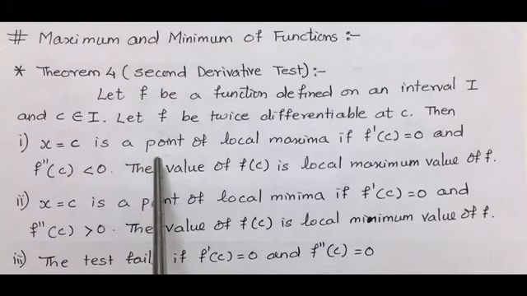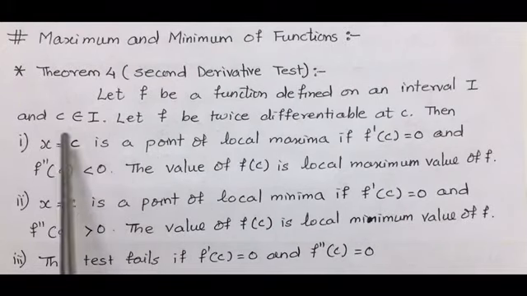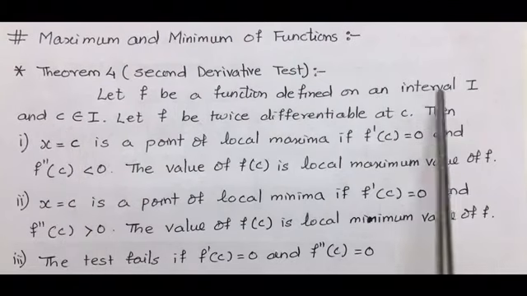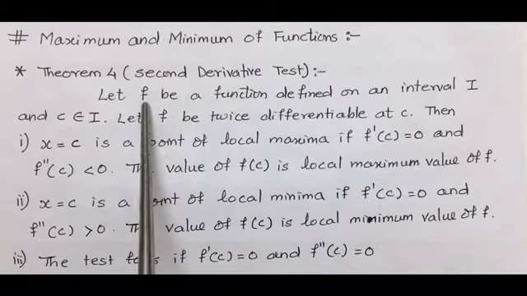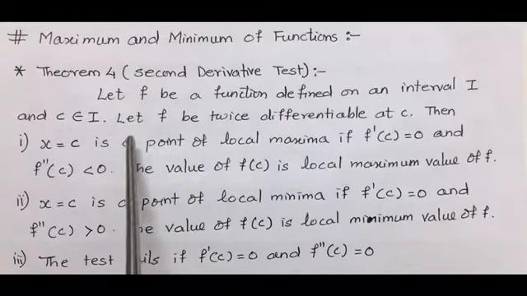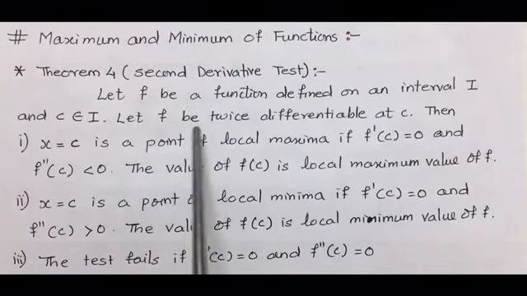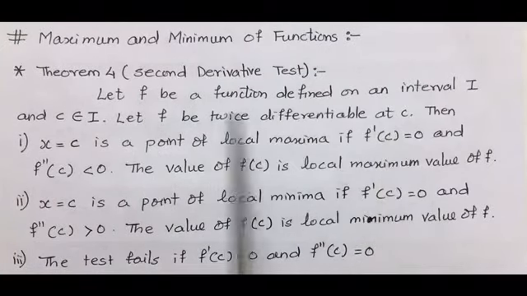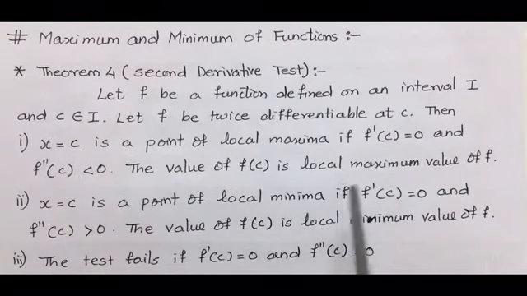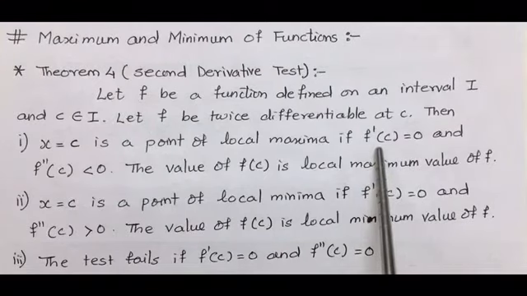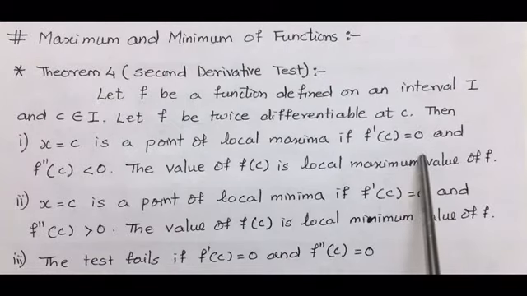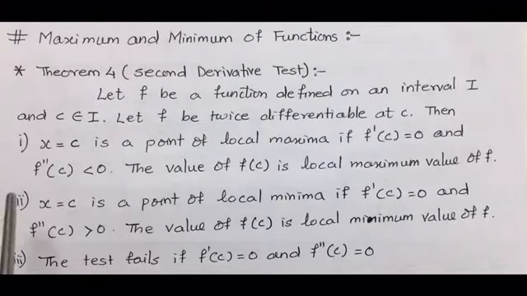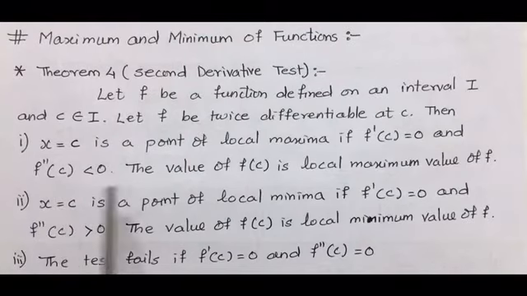Now the theorem says that there is any point C in the interval I in which the function f is defined. This function f is differentiable twice at the same point C. Then in that case, the first derivative we equate to 0, calculate the value of x, then we calculate the second derivative.